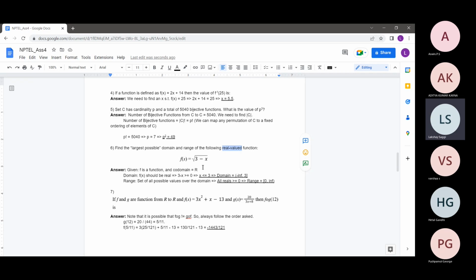So a codomain should generally be given, but it is function specific and may vary from question to question. At least for the square root function, it is always real valued, so we can always assume its codomain to be real. Then solve using the methods which we discussed to find domain and range.